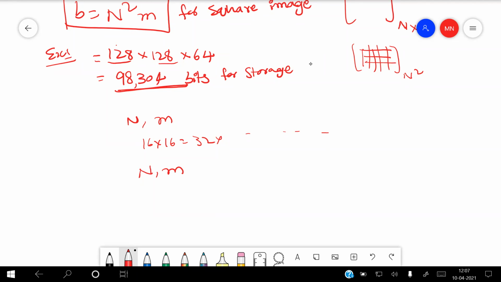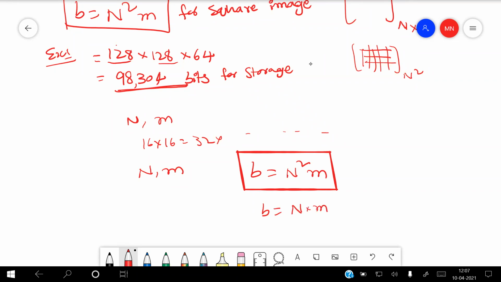So we can store different pixel counts. But the formula is B is equal to n square m. If it is not n square, then B is equal to n into m into k. Now these two formulas you have to remember to find out how many bits are there in an image. Without gray levels, we can't predict.